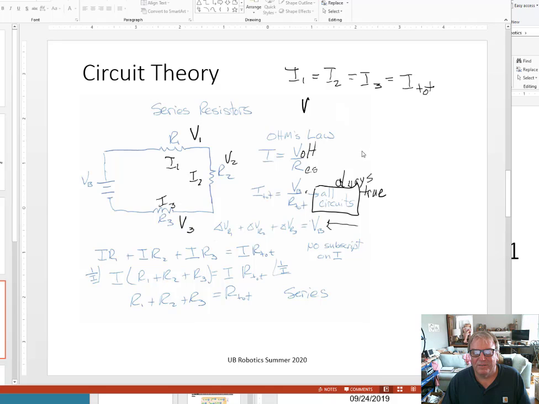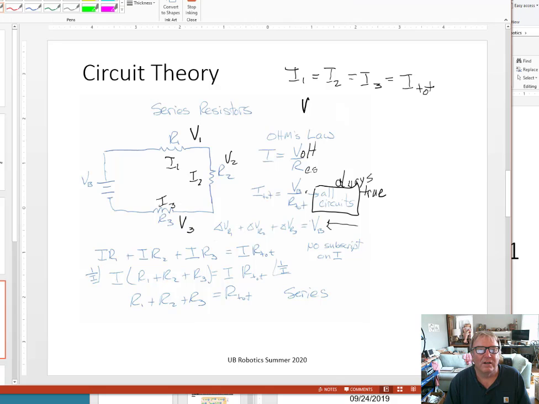Word auto-saved after all. So anyways, I can take Ohm's law, and I can change I equals V over R to V equals I times R. And so here we could be putting in I1, I2, and I3 and I total, but we don't have to, because we know, because it's a series circuit, that they all equal the same thing.